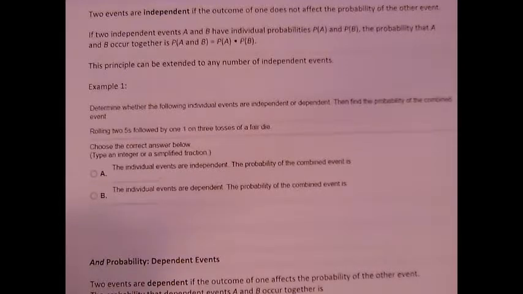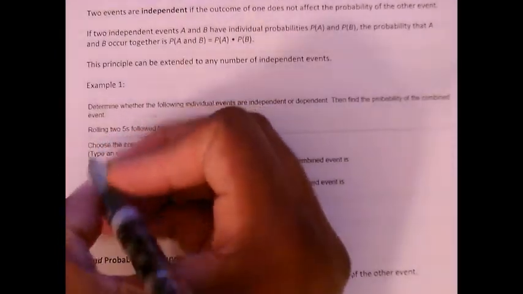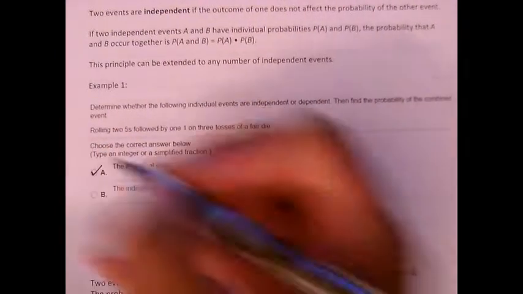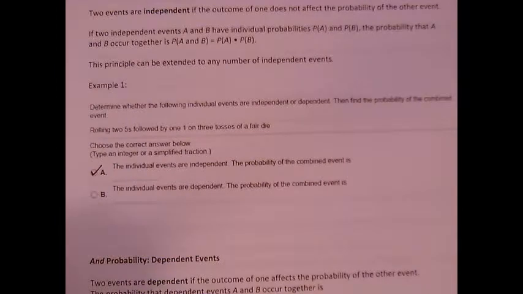Now, this is considered to be an independent event because what we get on the first roll does not depend upon what we get on the second or the third. So here, we consider that to be independent events.